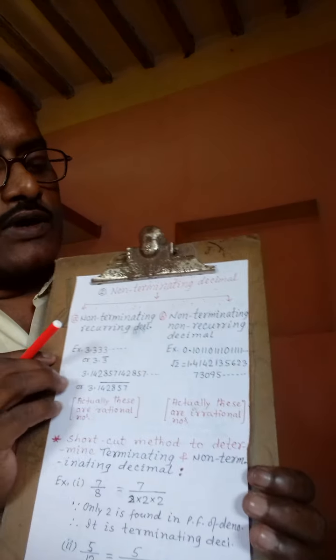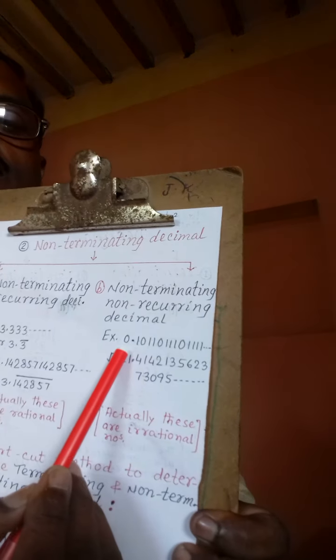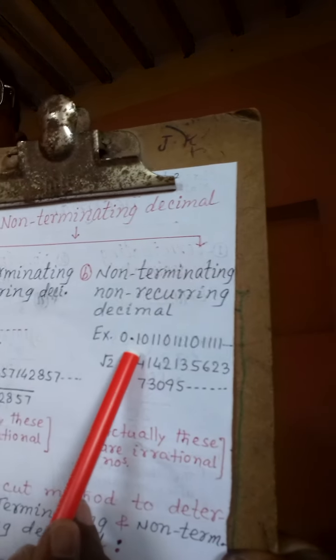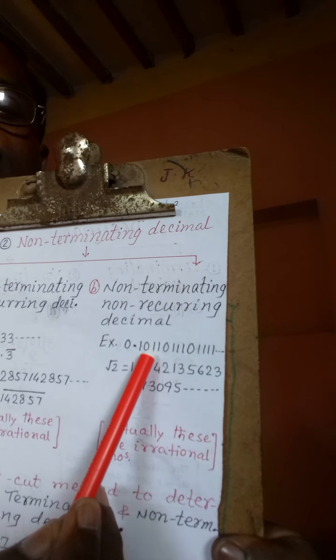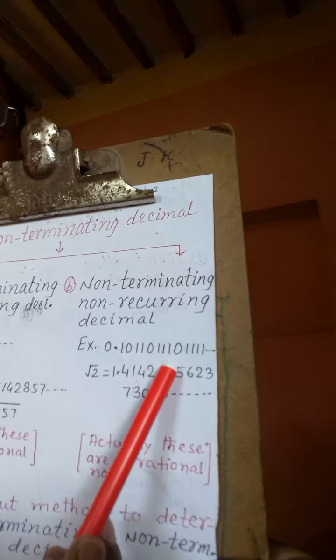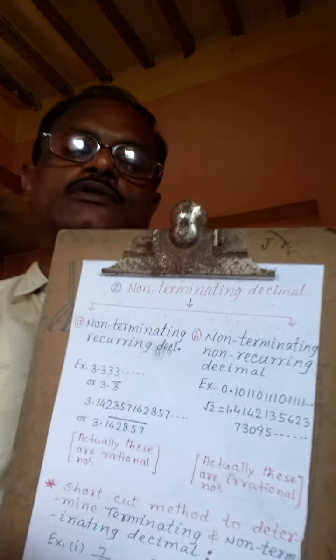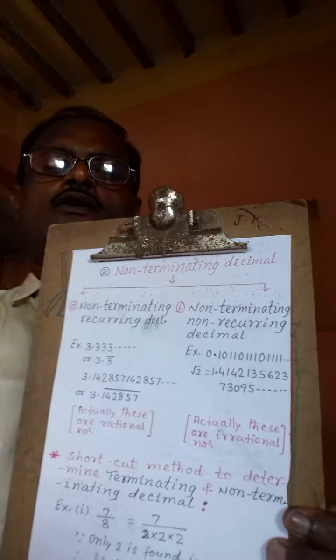Now we come to non-terminating and non-recurring decimal, and for this we just take an example, and this is 0.101101110 1111 0 11111 0 and so on, with 1 then 0, then 11 then 0, then 111, and so on.